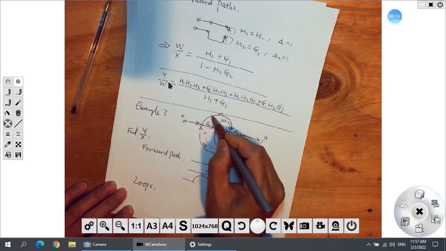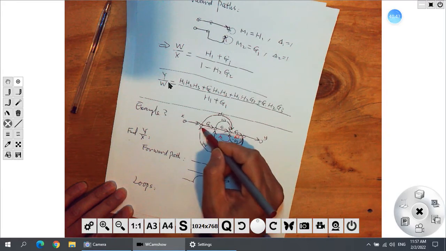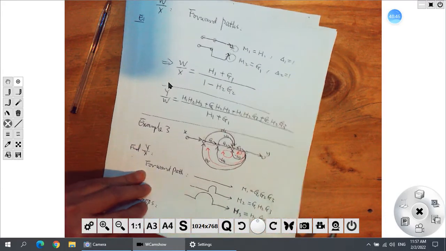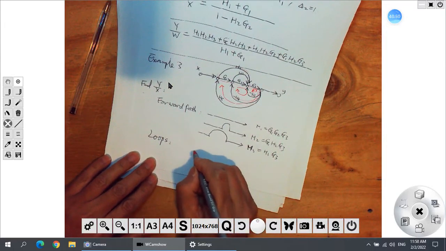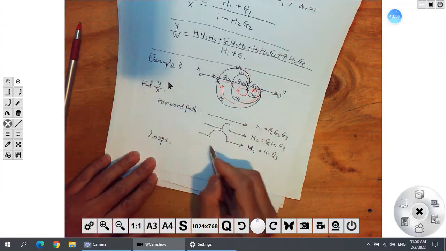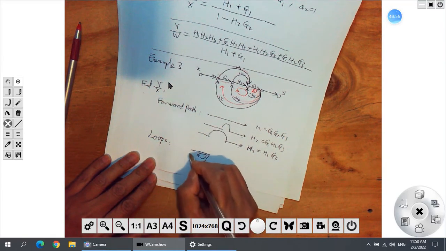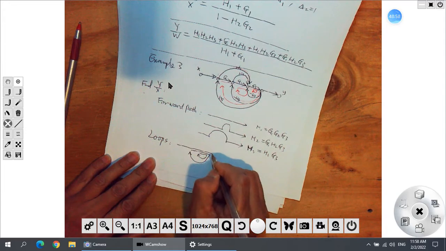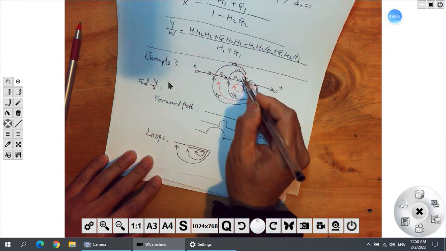So use this path and this one and this one. We have some other loops. Oh, this one gives us a lot of loops. You see, loops. This is one loop. This is one loop. This is one loop. I have 3 loops here, and then I use this path.